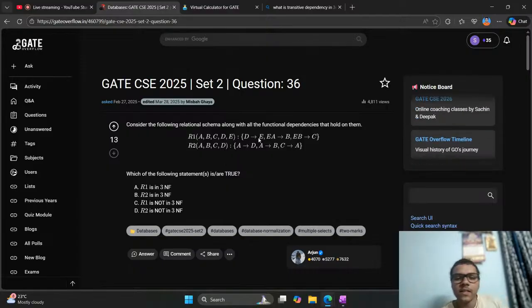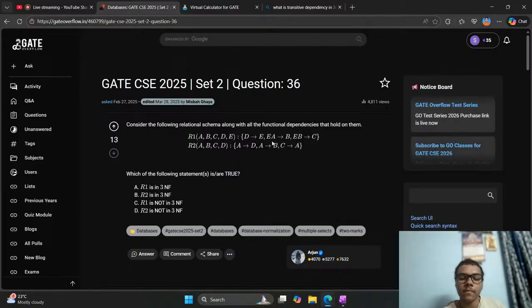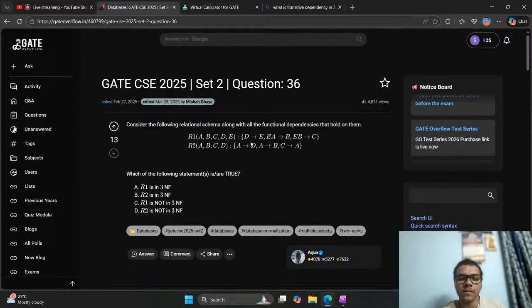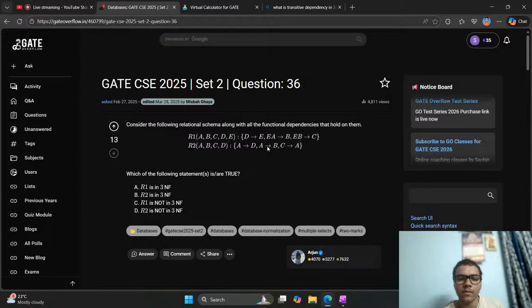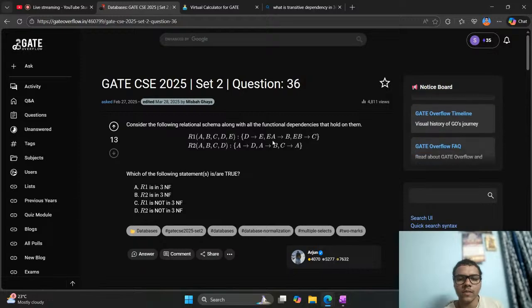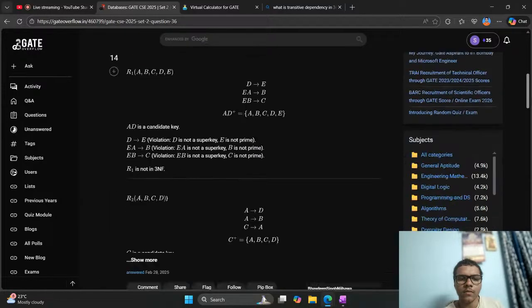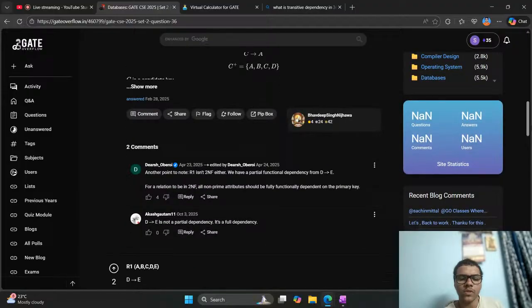So from D this will come, from EA also it will come, to B, E to B. Both are in 3NF.